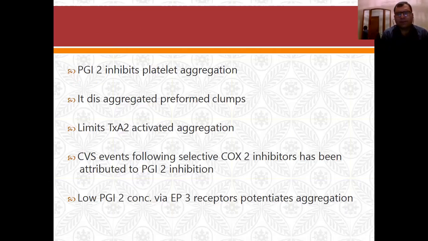The overall effect of prostaglandin on the platelet depends on the activity of which prostaglandin is dominant, for example, prostaglandin A or prostaglandin I. If activity of prostaglandin A exceeds, it causes aggregation of platelets.